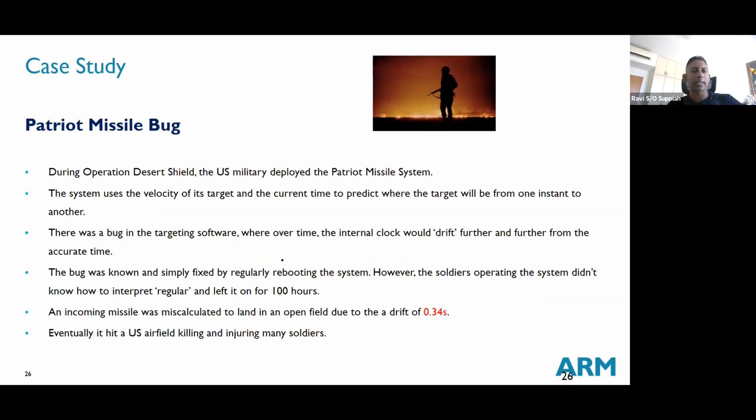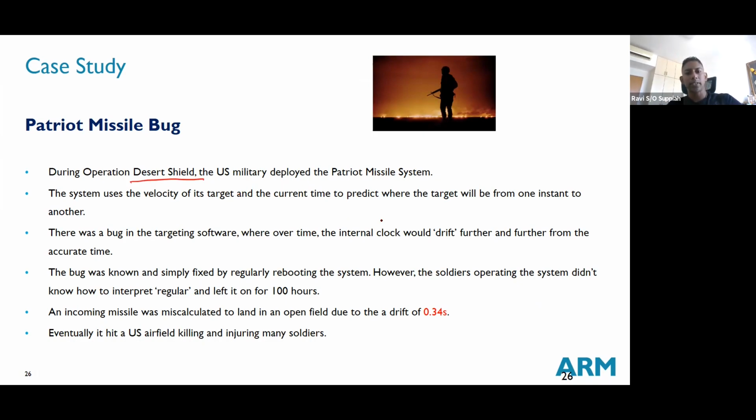This is another classic example to illustrate the communication issues that engineers have with the end user. If you remember Desert Shield, maybe you don't remember, too young at the time.